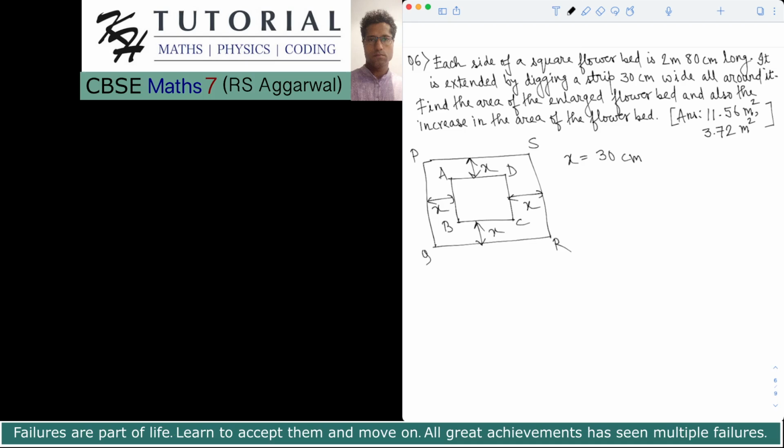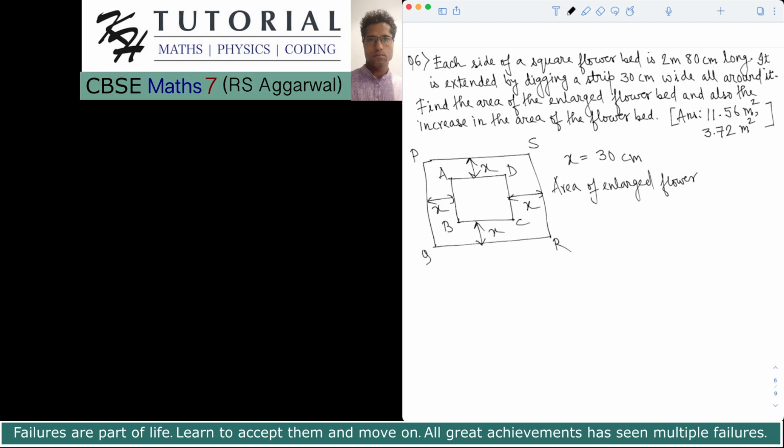So, the area of the enlarged flower bed.